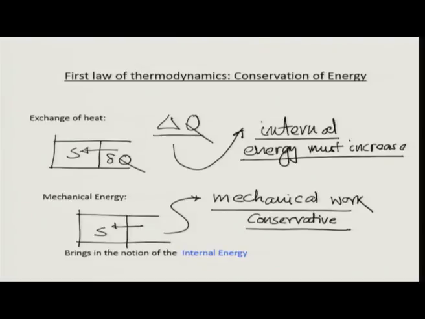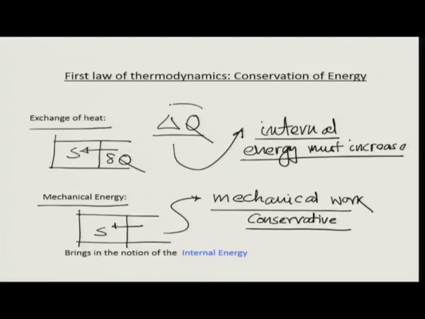Okay? If I do some work, again there will be an increase in internal energy because I am not allowing any heat exchange. These two are the extreme situations which tell me that I have to bother about three quantities.